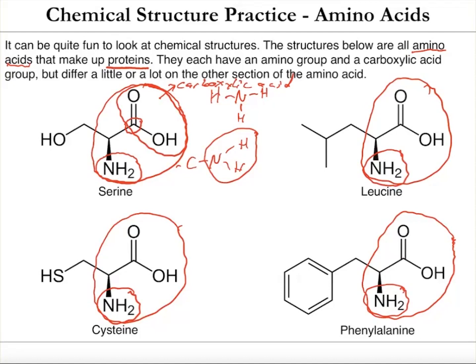You just have a line there, and it's assumed to be a carbon, because carbon is so common that you don't need to write the C every single time. So this carboxylic acid group is a carbon double bonded to one oxygen, with a single bond to another oxygen that's bound to a hydrogen.